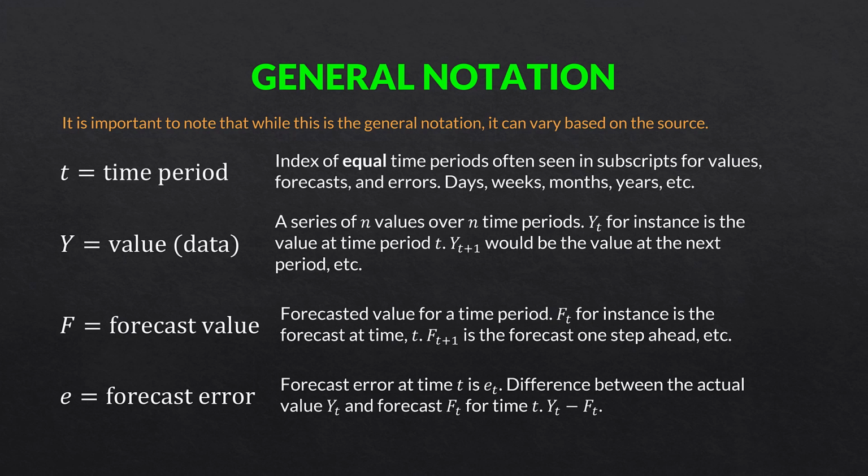So E is the error. I'll call it E going forward. So forecast error at time T is E sub T. It's the difference between the actual value and the forecast for that time. And again, this will all come into play in a second when we actually look at the numbers, but the basic four parts are the same. T is the time period, Y is the value at that time period or the data, F is the forecast value, and E is the forecast error.